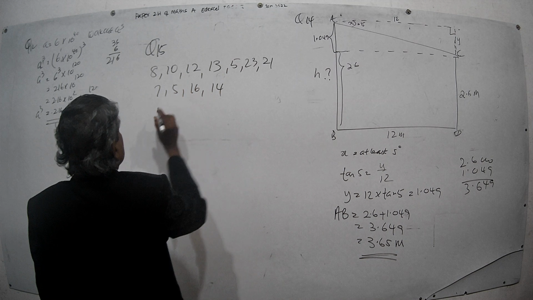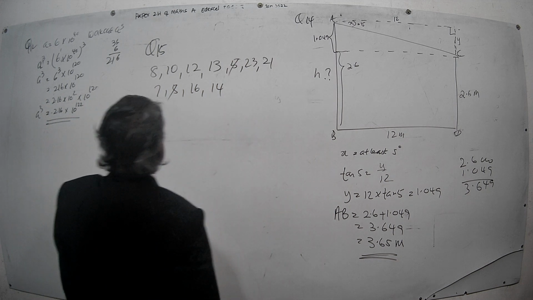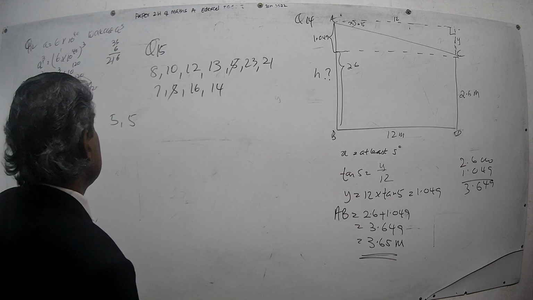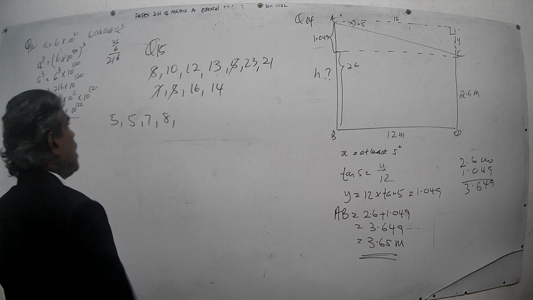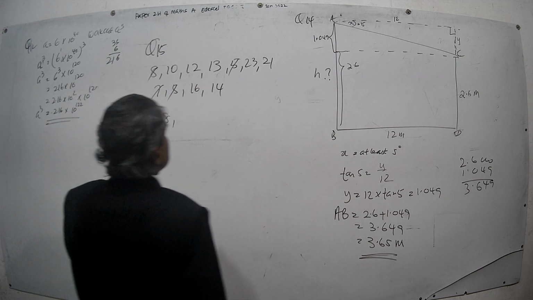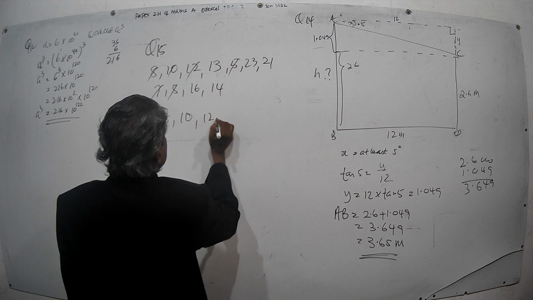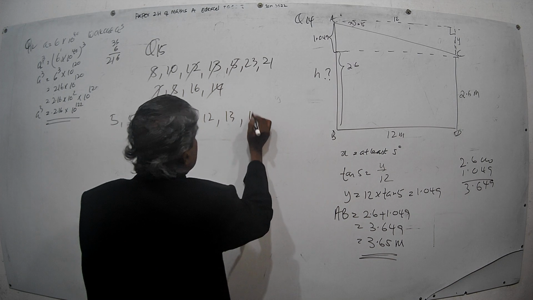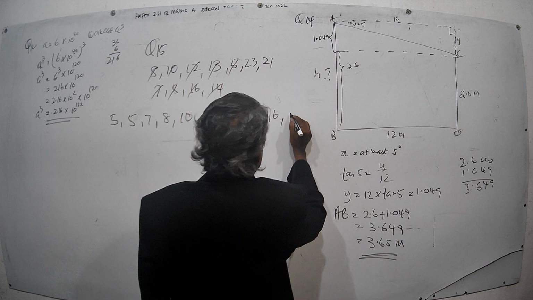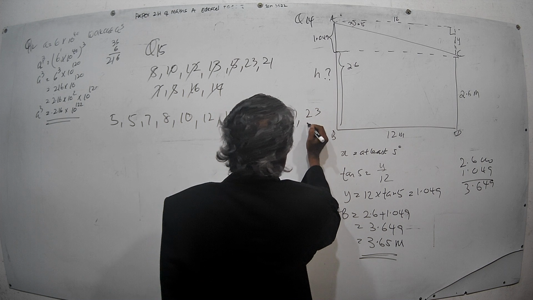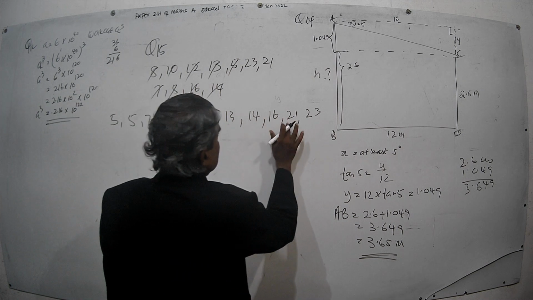The smallest value is 5, then 5, then 7, then 8, then 10, 12, 13, 14, 16, 21, and 23. These are 11 days, right?